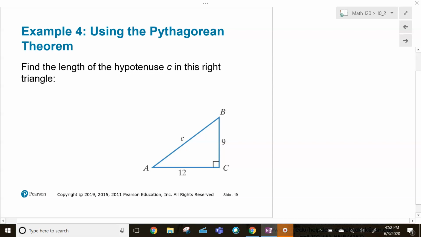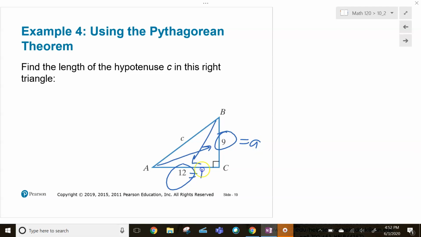All right, let's go ahead and apply the Pythagorean theorem here. Find the length of the hypotenuse c in the triangle. We've got our legs here, 9 and 12. And by the way, the little a would be opposite the angle A. The little b is commonly opposite the capital B, the angle B, right? So a squared plus b squared equals hypotenuse squared. So 9 squared plus 12 squared equals c squared.